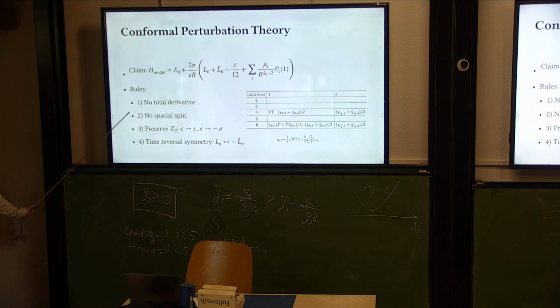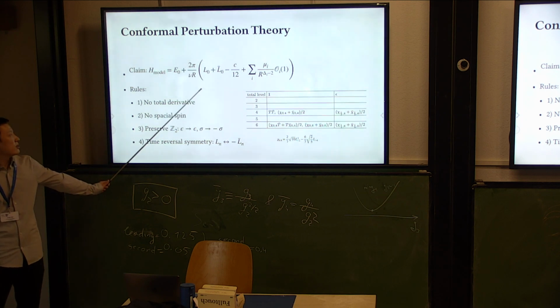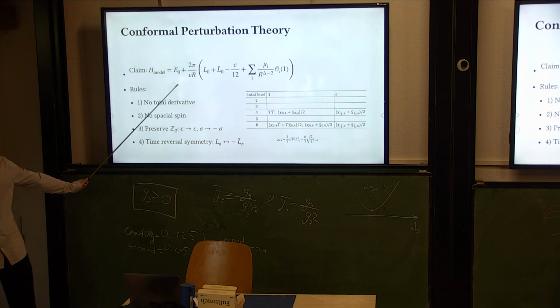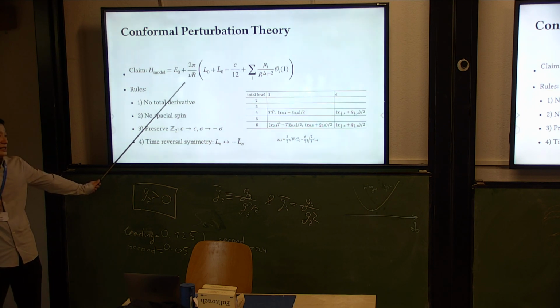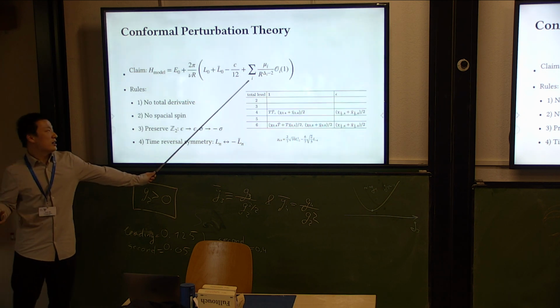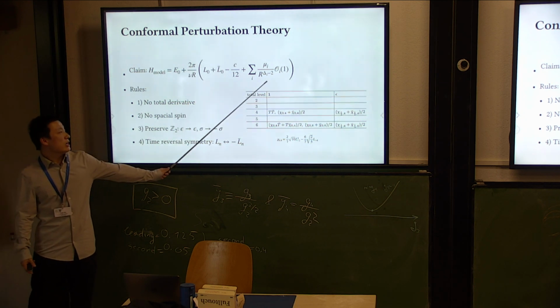And the claim is we can write down an effective theory of this model as a CFT with maybe an emergent speed of light and some irrelevant perturbation.